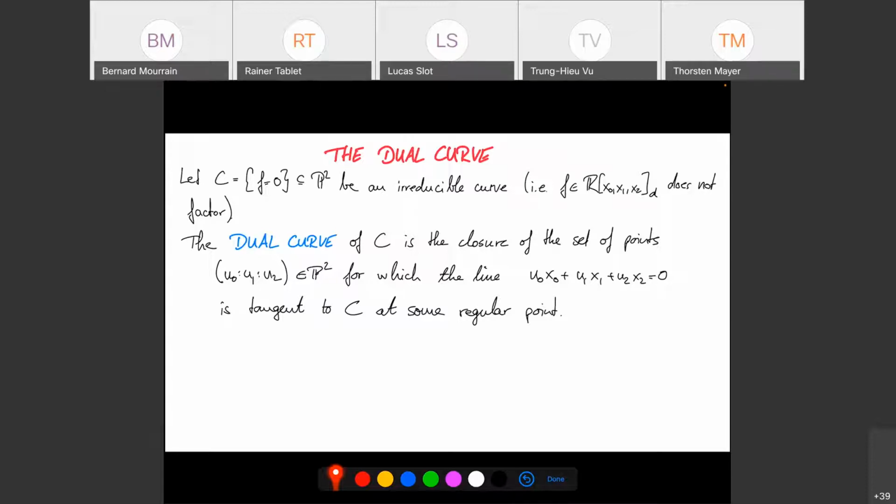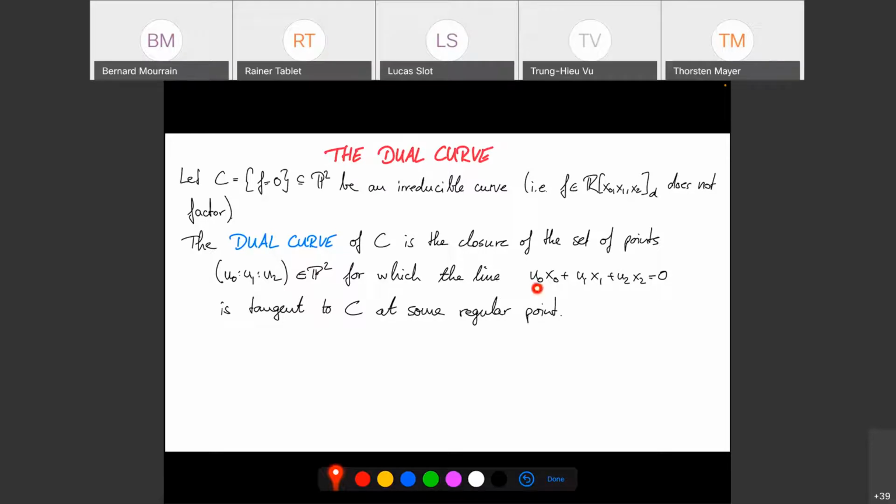So what do I do? To form the dual curve, I take the set of points u0, u1, u2 in P2. I collect all of the points such that this line is in the same projective plane as my curve, right? Here I have coordinates x0, x1, x2 in the plane for f.